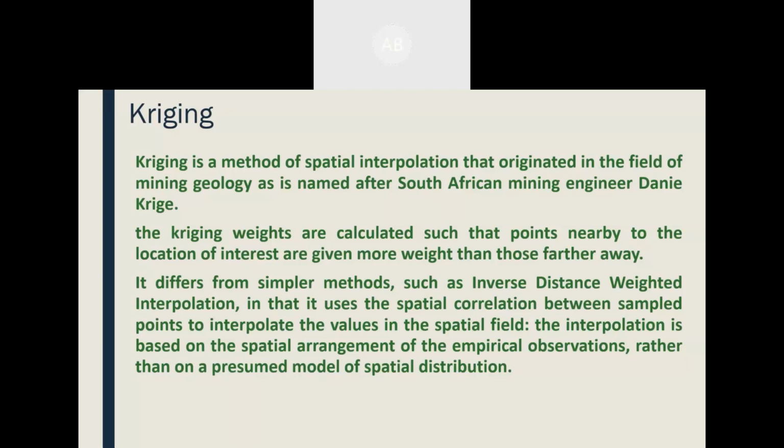And kriging is affected not only by the distance from the unknown, it is also affected by autocorrelation or spatial arrangement of empirical observations. Okay, so ultimately, for the time being, remember kriging as another technique of interpolation which is probabilistic.